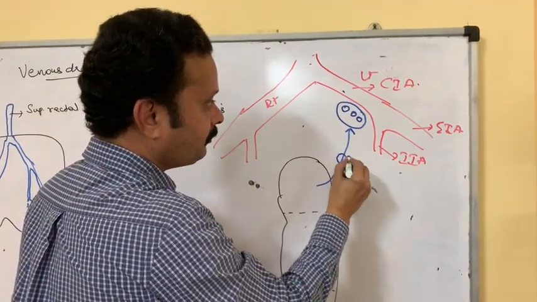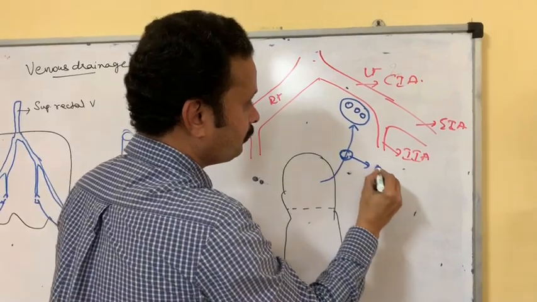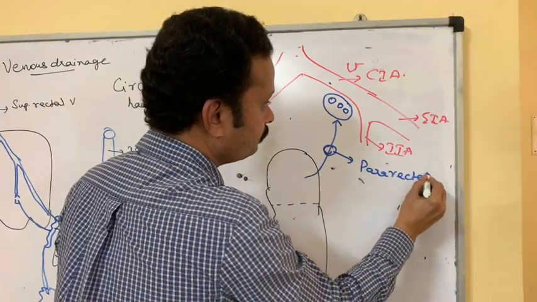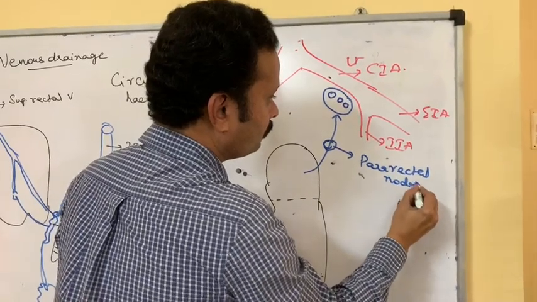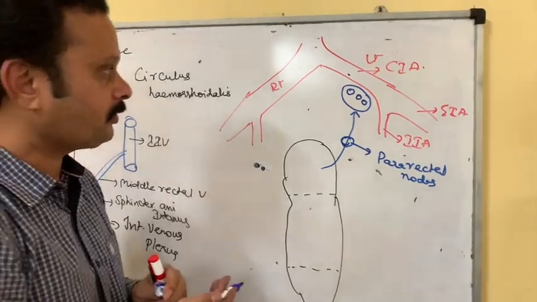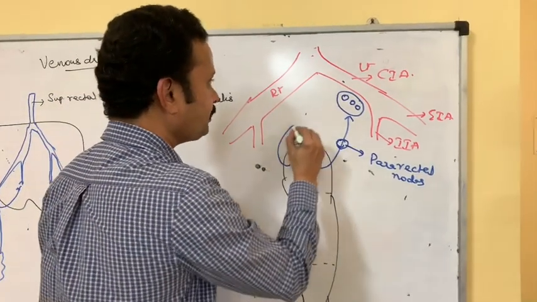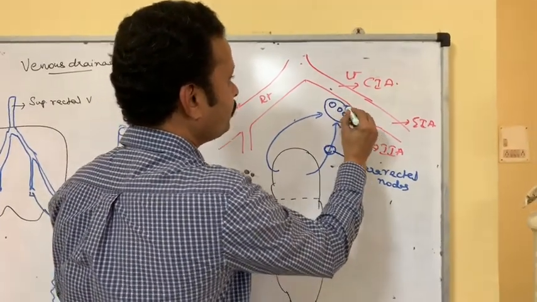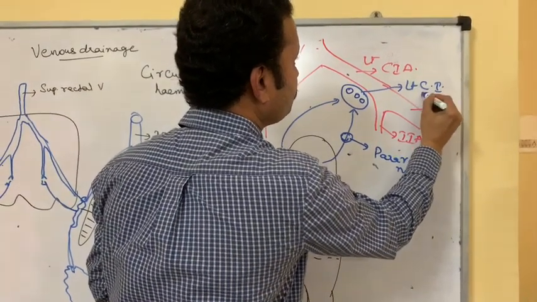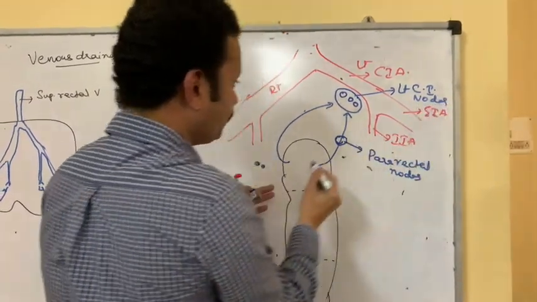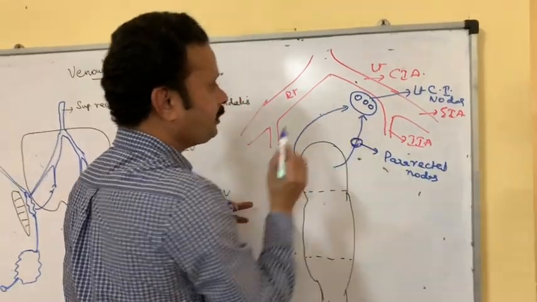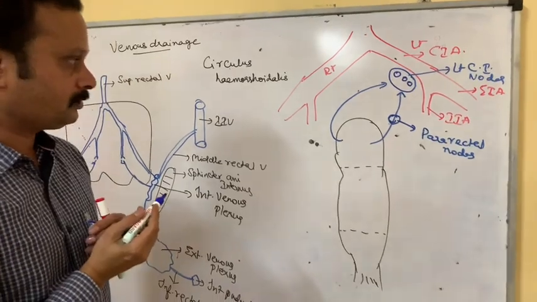At places it may be intercepted by a few nodes which are pararectal nodes. On its way, particularly on the left side, it may be intercepted by the pararectal nodes.